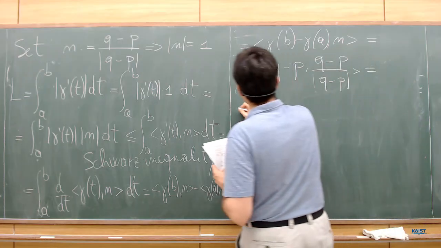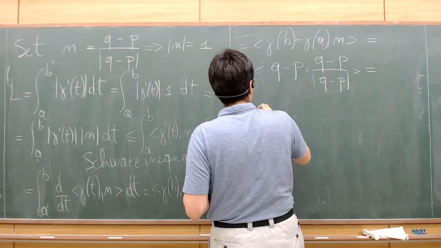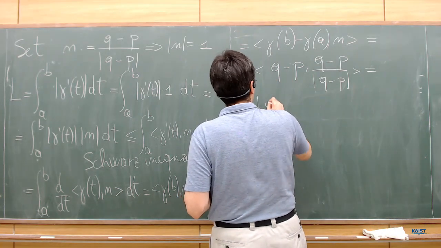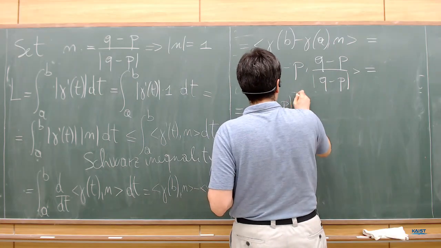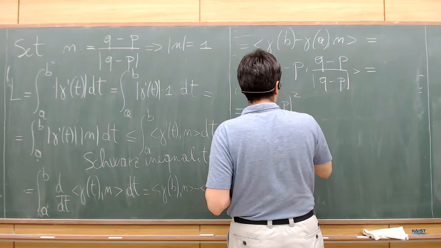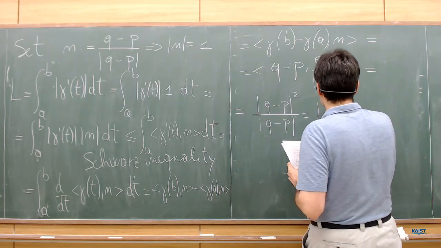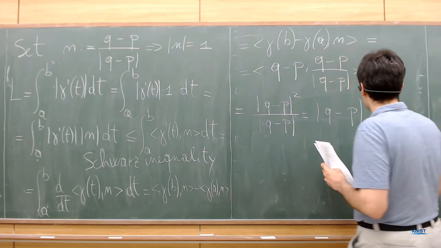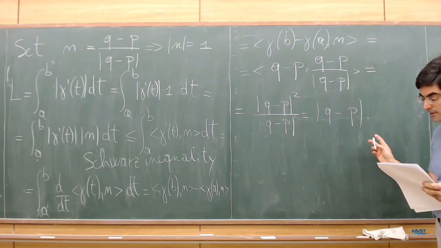And this is the length of q minus p squared divided by the length of q minus p. And this is equal to the length of q minus p. And this is the end of the proof.